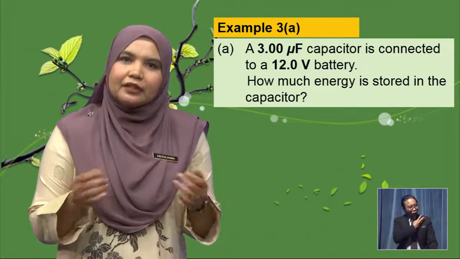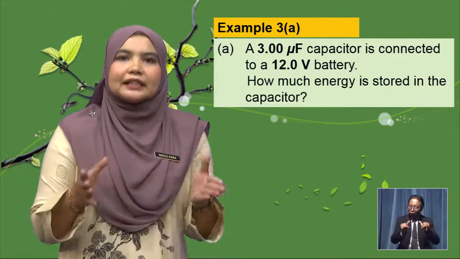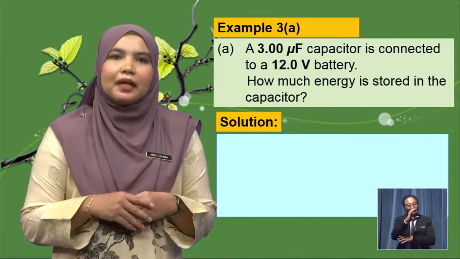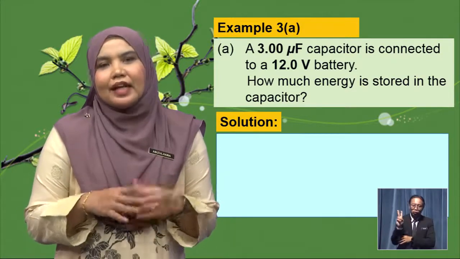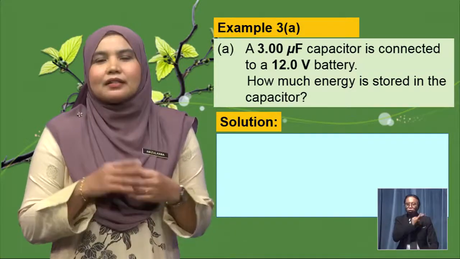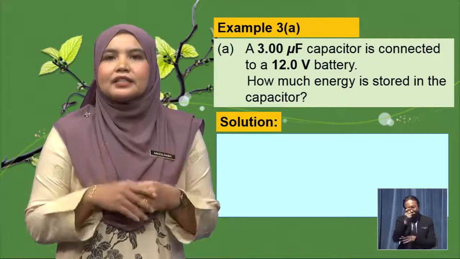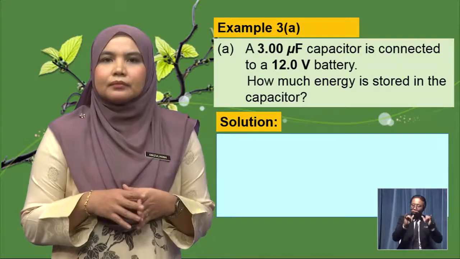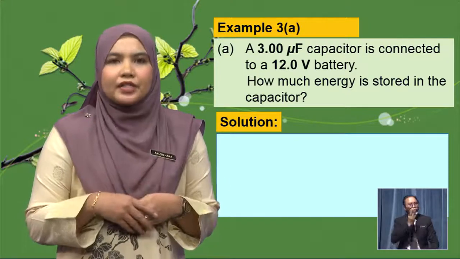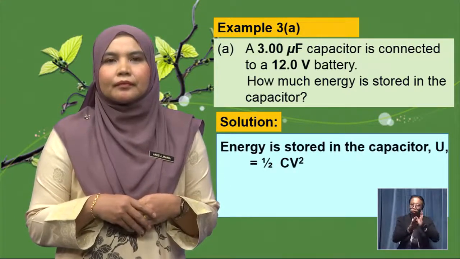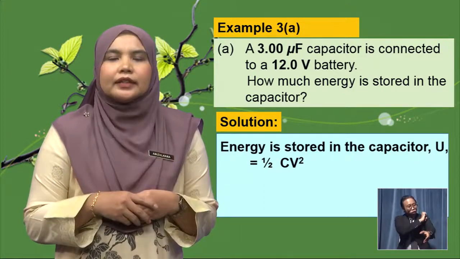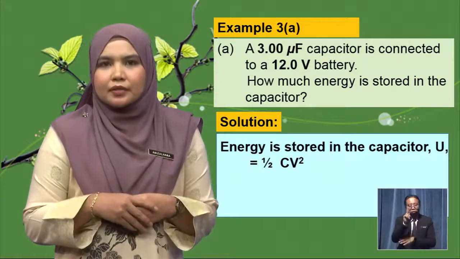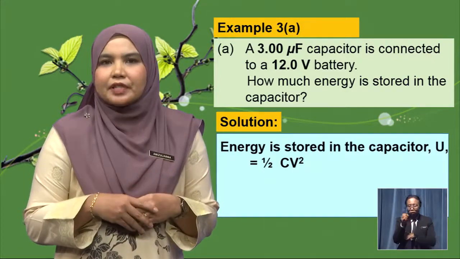We are given the capacitance of a capacitor C and the voltage supply V, and we are asked to find the energy stored in the capacitor U. We use the equation: energy stored in the capacitor U equals half CV squared.